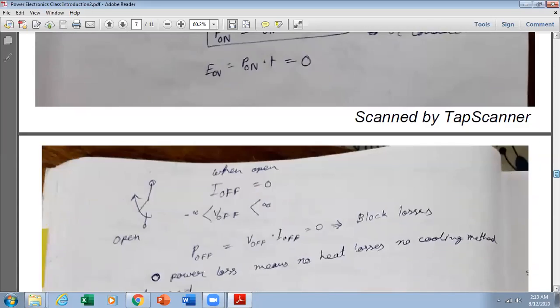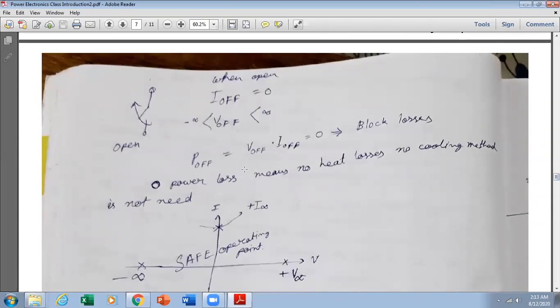Now when the switch is open, the conduction is disconnected. So when it is open, what will happen? No conduction. So current is 0 and the voltage will be infinite. The voltage limit is from minus infinity to plus infinity.